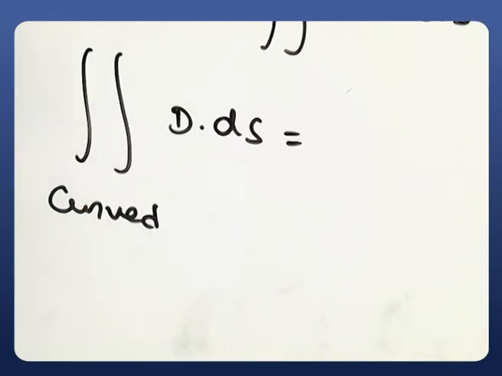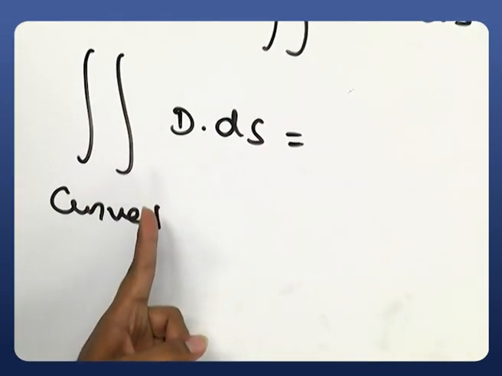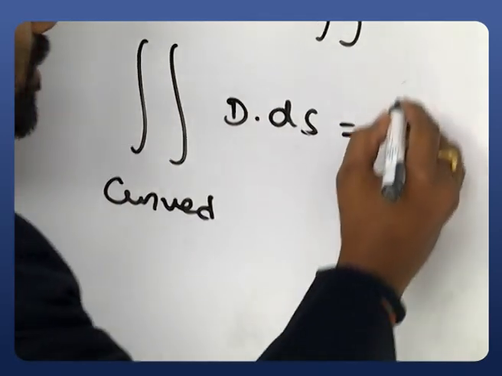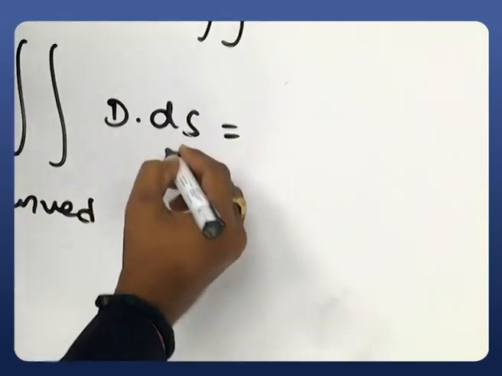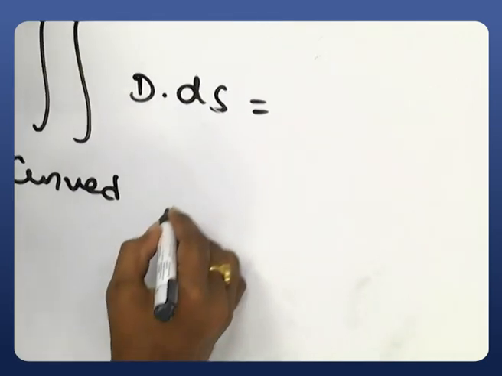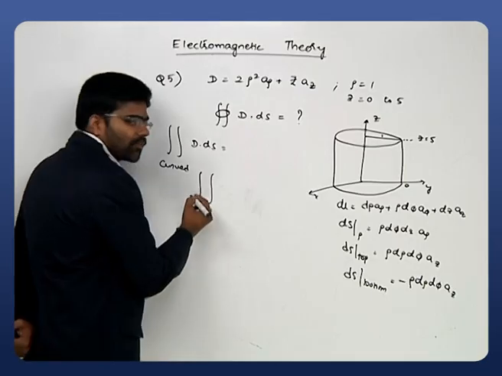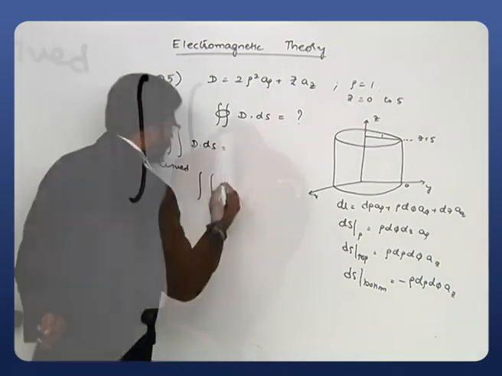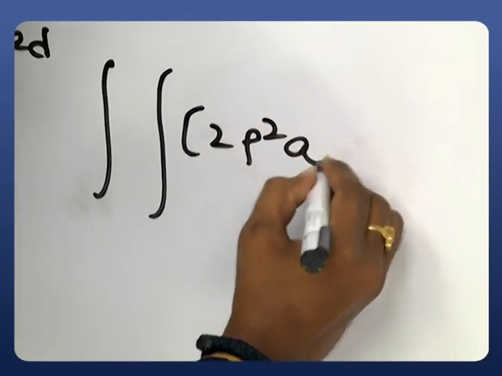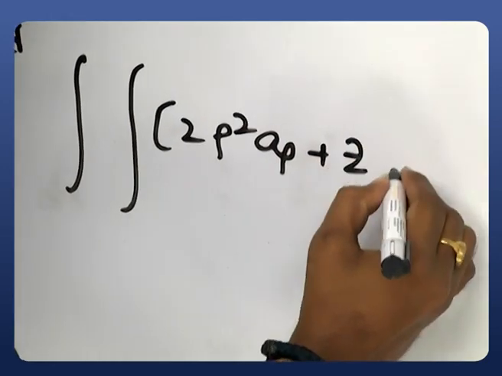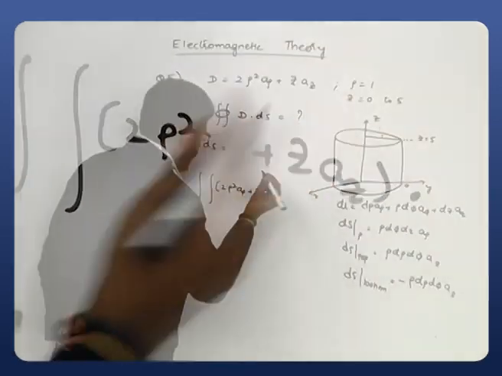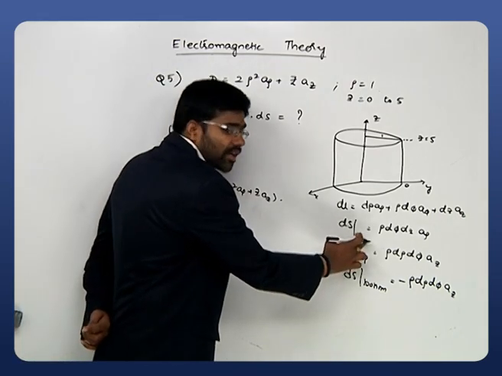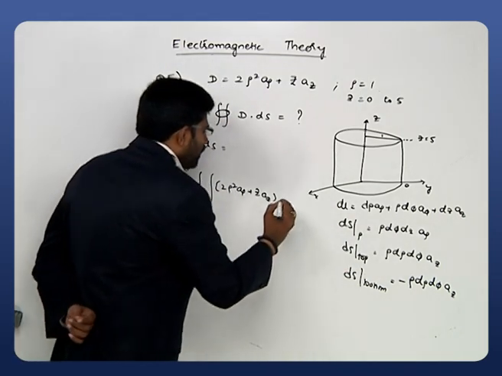So for the curved surface, I am calculating this particular integral quantity. Just substitute the values of D and ds here. For the time being, just leave the limits, we can write them later. D is 2 rho square a rho plus z a z, dotted with the differential surface, which will be considered in the curved direction, that is nothing but the rho direction, rho d phi dz a rho.